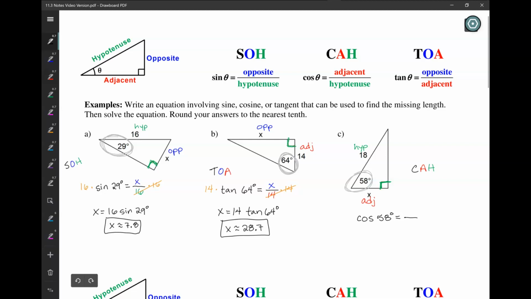Adjacent always goes on top, so adjacent is x, and hypotenuse always goes on bottom. Hypotenuse is 18. So I'm going to multiply both sides by 18. So x is equal to 18 cosine 58 degrees.